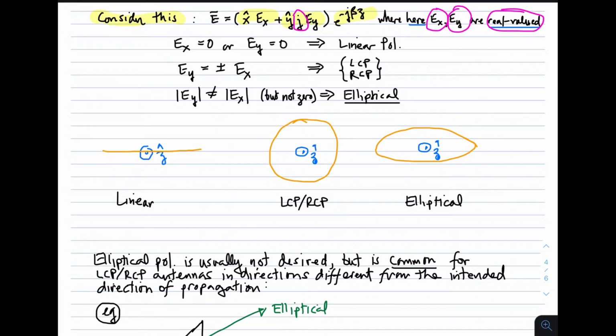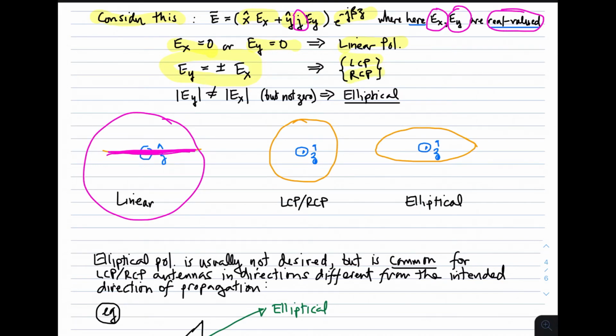From the preceding discussion, we know that if either Ex or Ey is 0, we're going to end up with linear polarization. For example, here we might have just Ex and 0 Ey, in which case we know the tip of the electric field vector is going to go back and forth in a plane. Alternatively, the values of Ex and Ey might be either equal or opposite in sign, in which case we end up with left circular polarization or right circular polarization respectively.